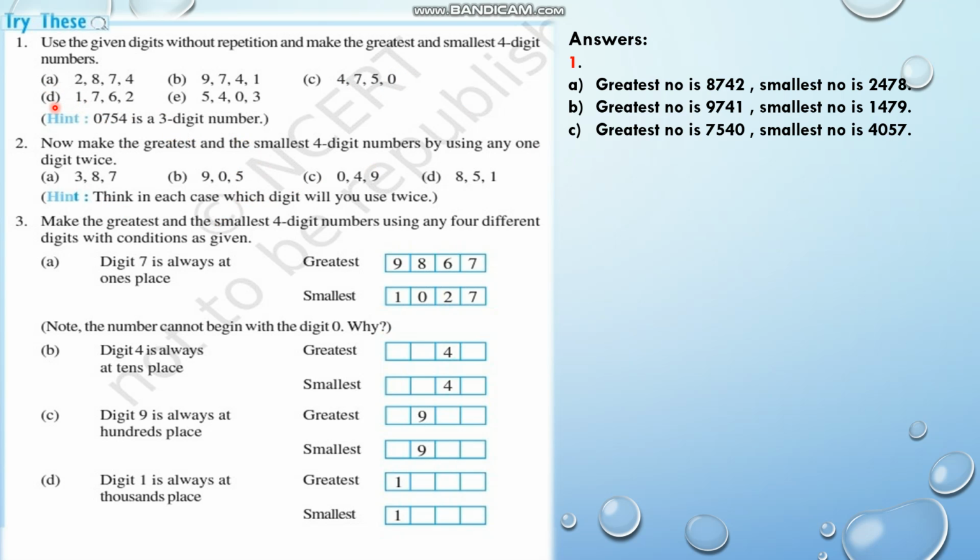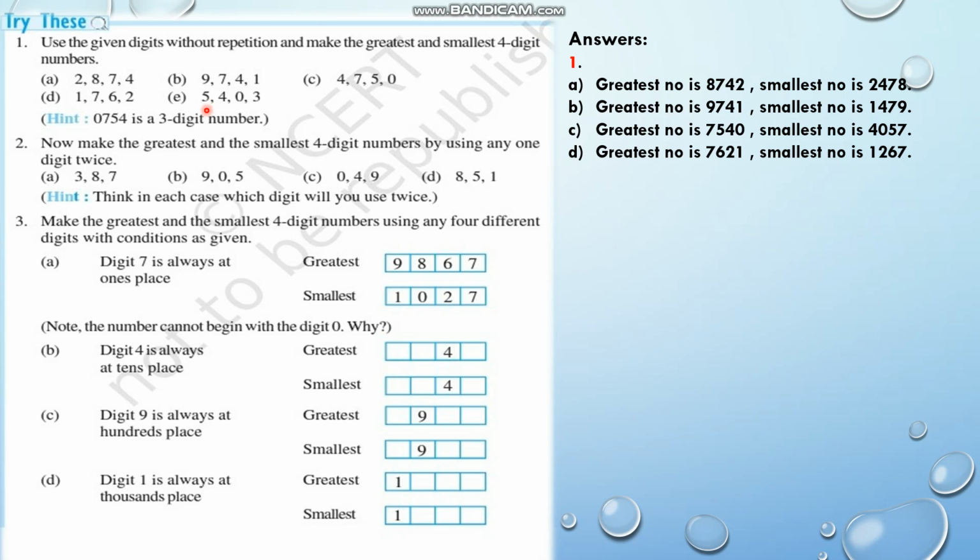It is the D part question. 1762. Here you arrange the digits in ascending order to get the smallest and descending order to get the largest number. So 7621 is the greatest number, and 1267 is the smallest number.